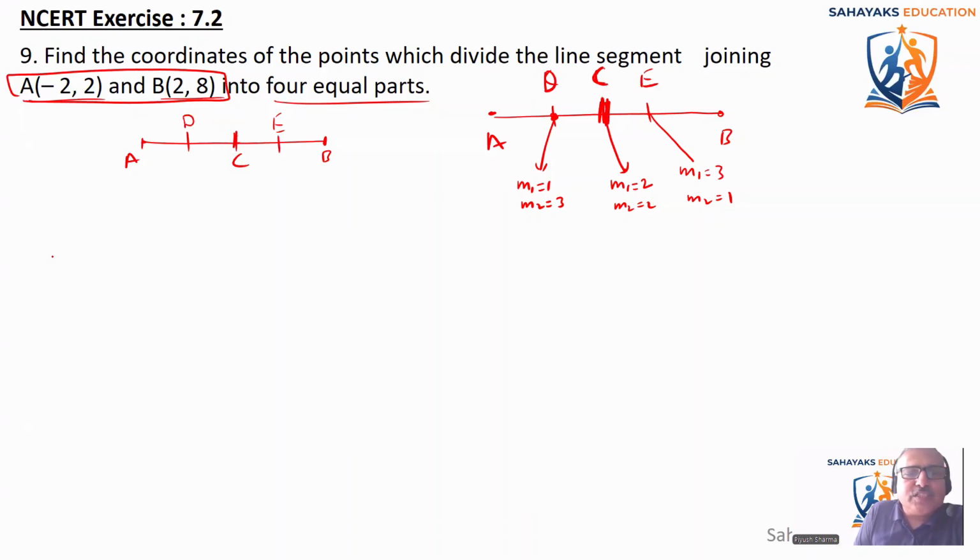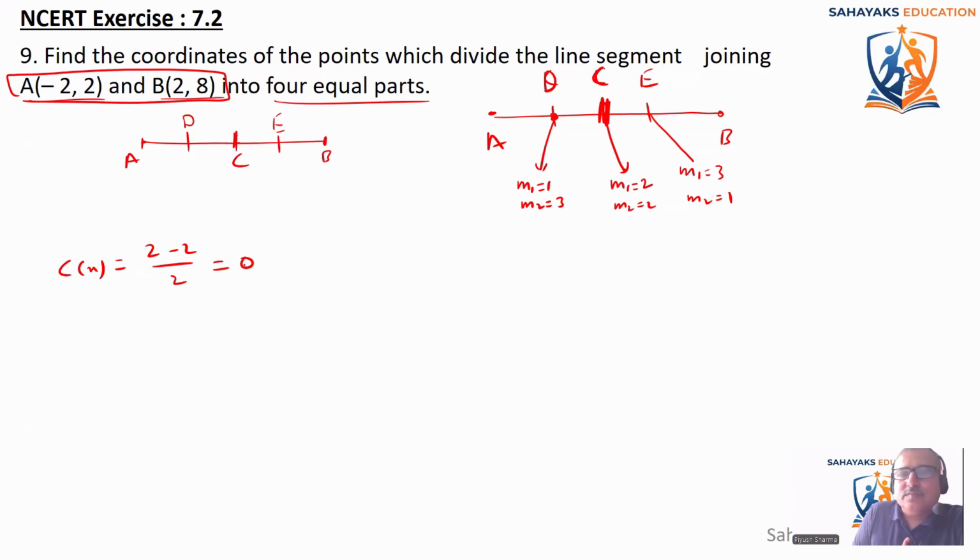So what is the coordinates of C? The coordinate of C, X. Cx, it's half of it. So I can say 2 minus 2 divided by 2, because it's dividing in the ratio of 2. So basically there are 2 parts only. So it comes out to be 2 minus 2, 0.